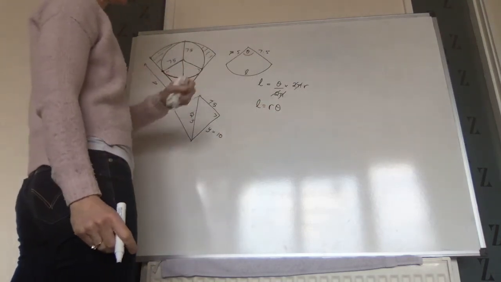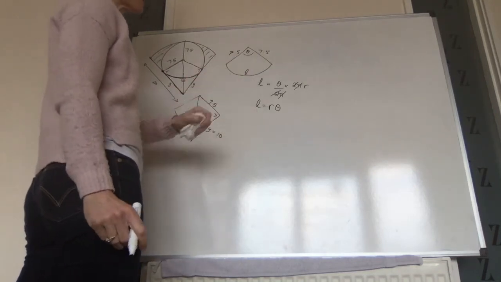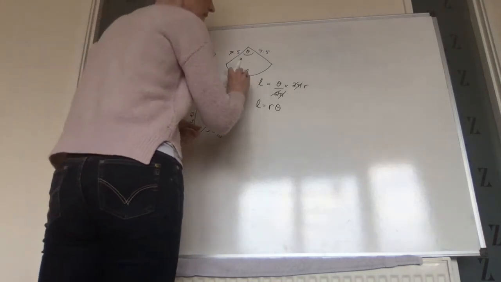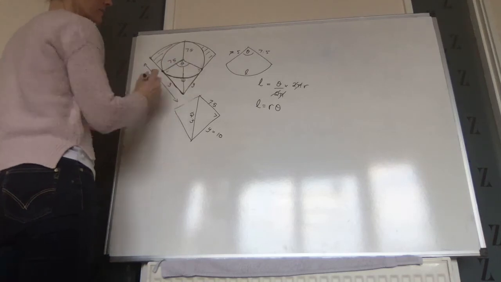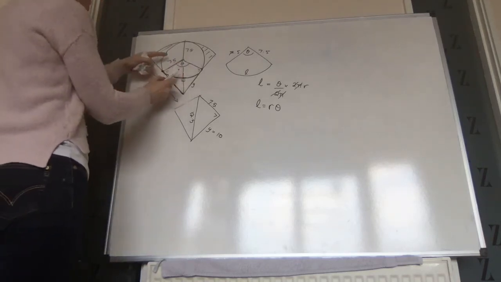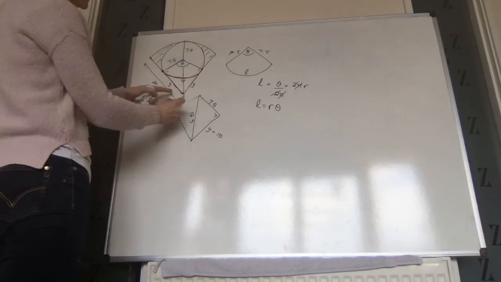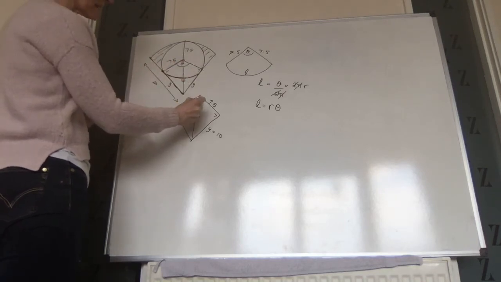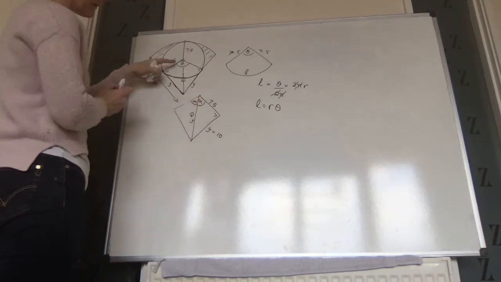So we know r is 7.5, so really all we need to find that length there is what theta is. Okay, so how do we find that theta? Here's the theta that we want to find. Now again, because we have two triangles here that are congruent, as long as we find this angle here, we can double it and that will give us the theta.